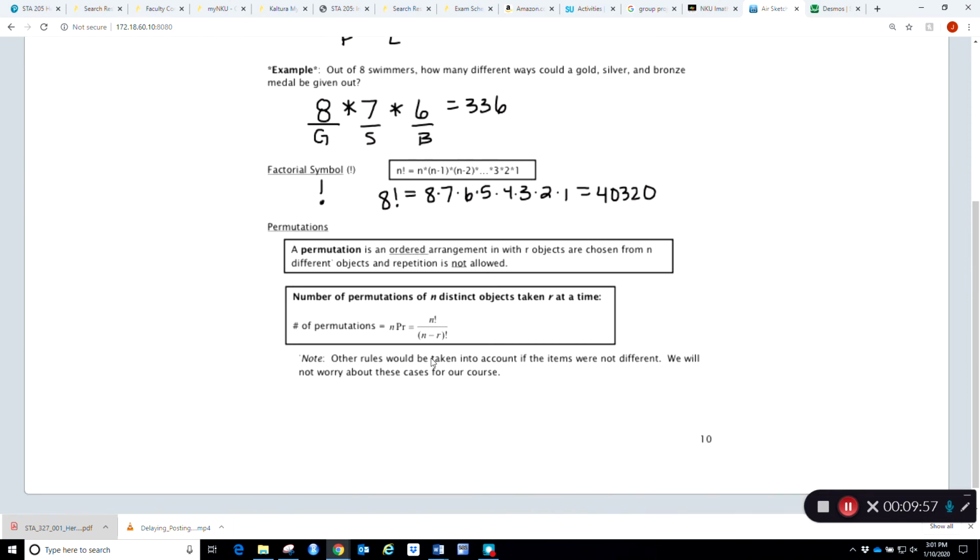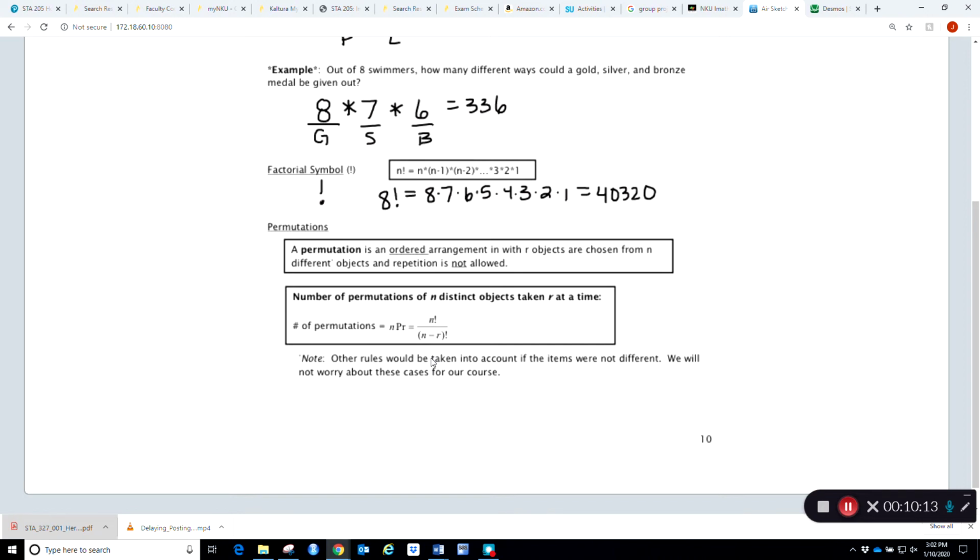Now the reason we wanted to talk about factorials is because those show up in both permutation and combination formulas. So permutations and combinations are very similar. They have one small difference. So be sure to make notes as we're going through these ideas.